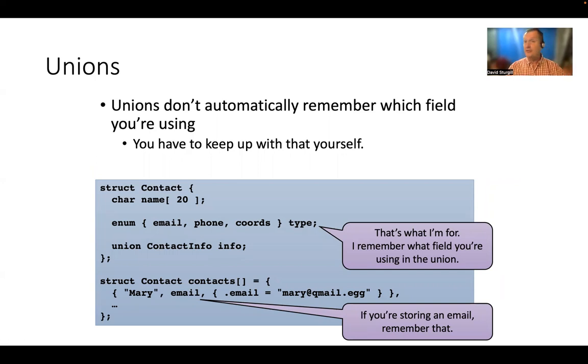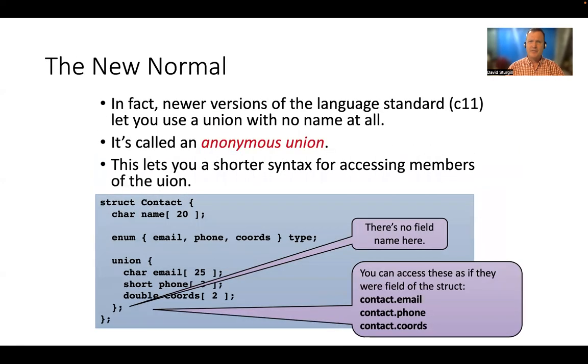And that makes addressing the parts of the union a little bit longer, which is why in newer versions of the standard, C99 and in the GNU version that we're using, even GNU's C11 standard permits this, but even the GNU C99 standard lets you do it. It lets you define what's called an anonymous union. This code is the same as what we looked at a couple of slides ago.